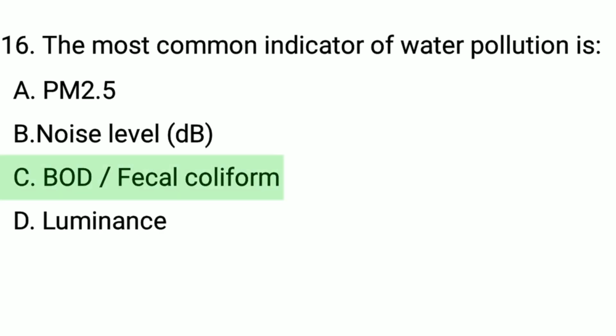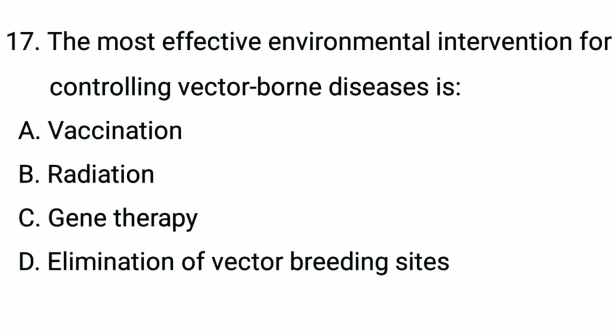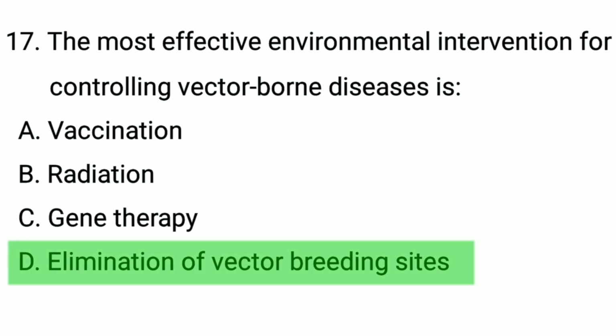The right option is option C, BOD/fecal coliform. Question number 17. The most effective environmental intervention for controlling vector-borne diseases is? The right option is option D, elimination of vector breeding sites.